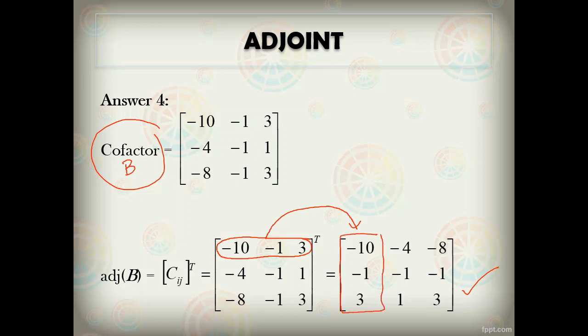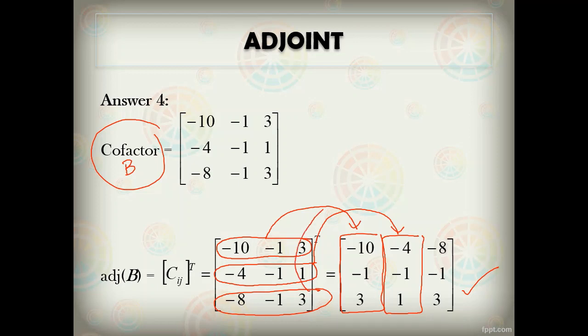The second row transposes to the second column. The third row, we transpose it, becomes the third column. So this is our adjoint B. Just remember that the adjoint of a matrix is the transpose of the cofactor.